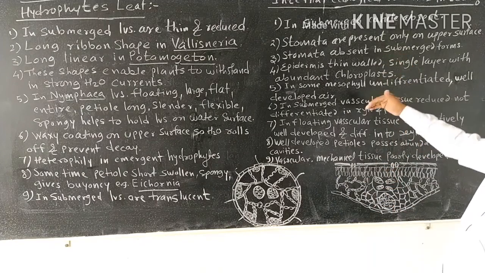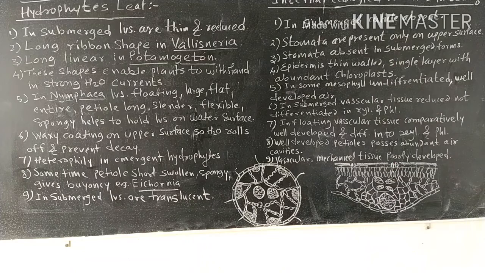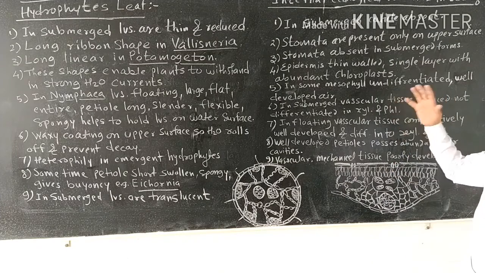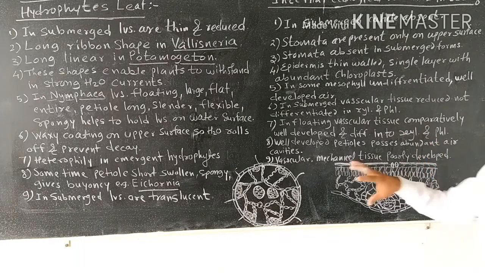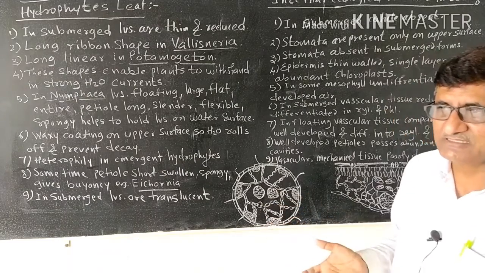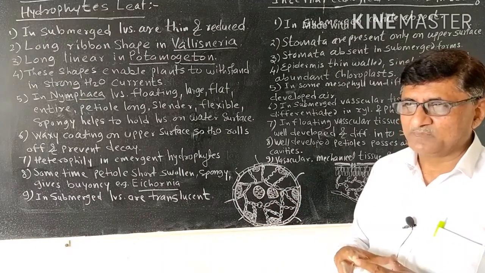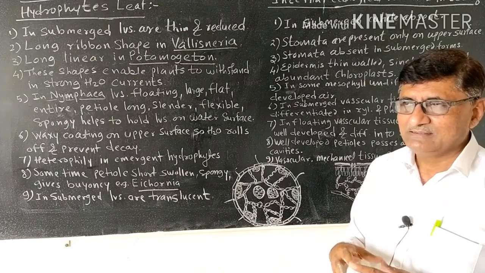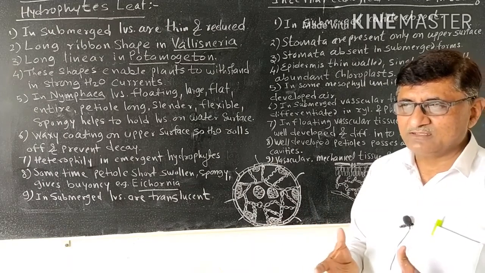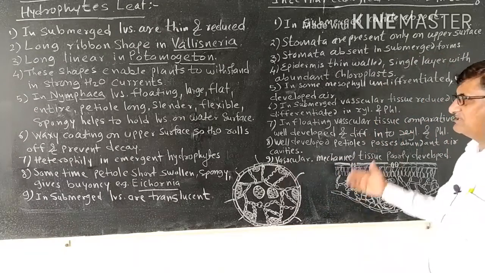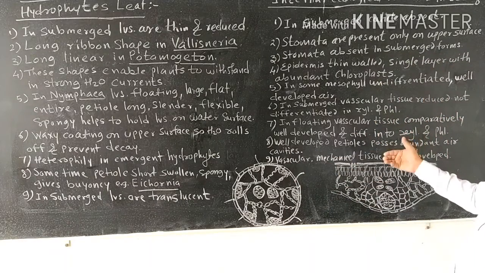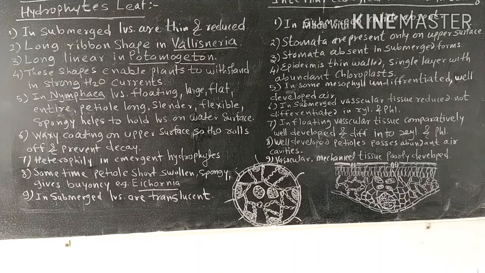So these are some of the internal ecological adaptations we can see in the leaves of hydrophytes, and these external and internal adaptations help the plant withstand adverse conditions, and that's why these kinds of adaptations take place.